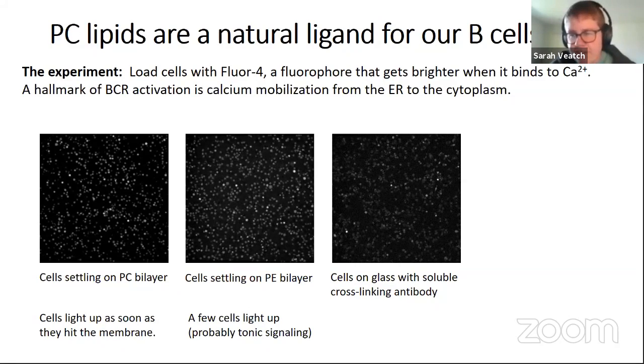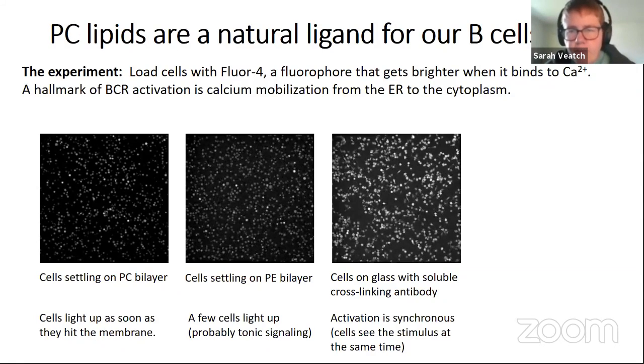Some of the cells do flicker, and that is actually a normal feature of these B cells. A small fraction of the population at a given time are doing what's called tonic signaling, which is a ligand-independent activation event. So we can also activate our cells that are just already sitting on a glass surface by adding a cross-linking ligand, just like we did in our first paper.